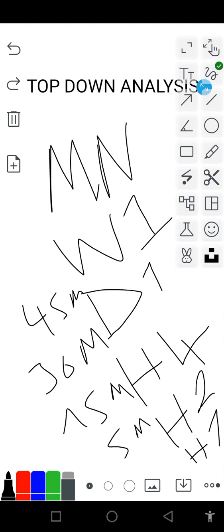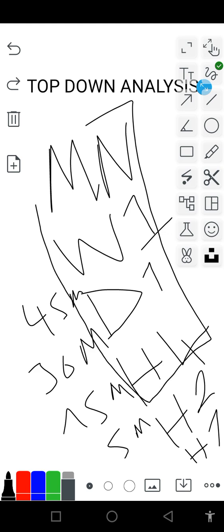So top-down analysis means that you first start by analyzing your trade based on the higher time frames. It is always good to start from the 4 hours right up to the monthly. We consider those as higher time frames: 4 hours, 1 day, weekly and monthly.